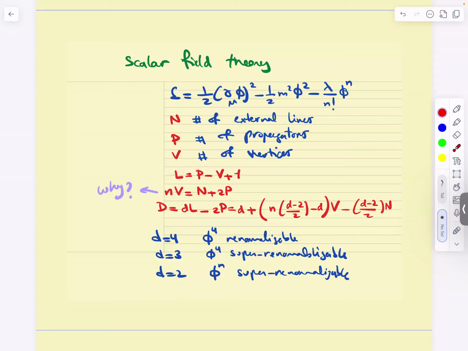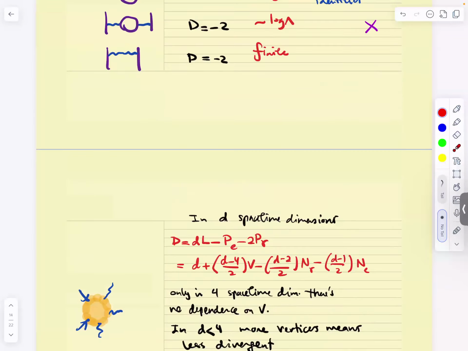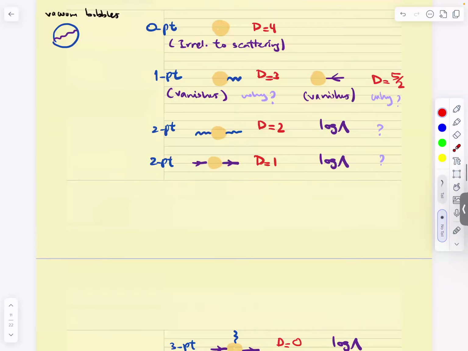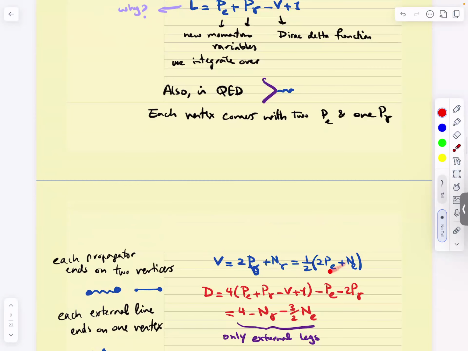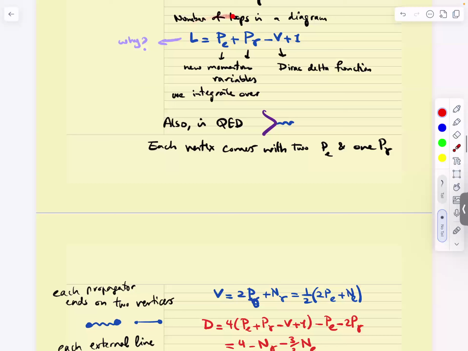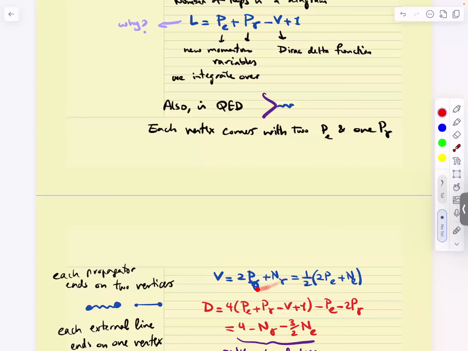These two rules replace the two rules that we had before. So the two rules that we saw in the case of QED, there was this relation, and then there was this relation. Here it's clear that if you have only one type of particle, L is P minus V plus 1. So that's the relation that we just saw. And then the vertex relation is this.